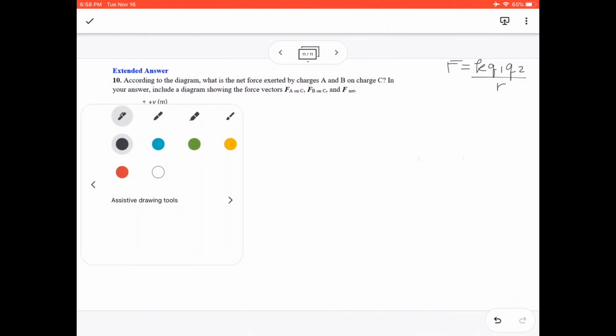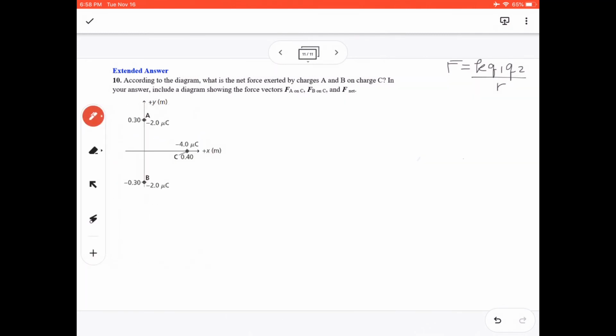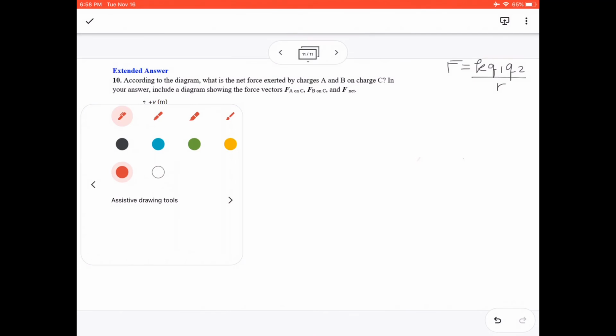First and foremost, we need to know the distance between A and C because it's included in the formula. This one is how to solve for the distance between A and C. We're going to apply Pythagorean Theorem, which is C is equal to root of A squared plus B squared. If we're going to apply that, let me just highlight it for you.